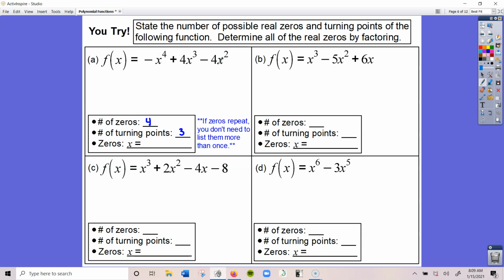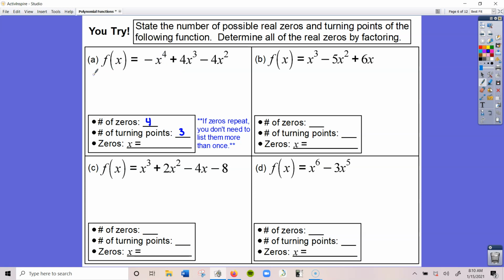If you look at every single term, we have an x squared for all of them, so we can factor out an x squared. And additionally, when we factor, if there's ever a negative in front of your leading term, we want to factor that out as well, because in case we need to keep factoring, that negative could become problematic.